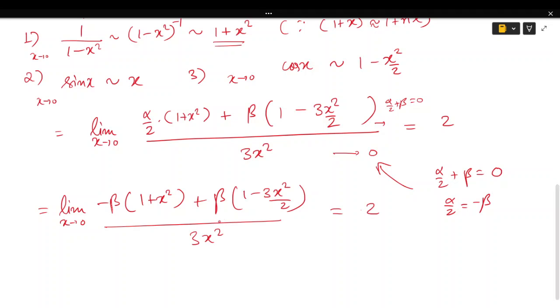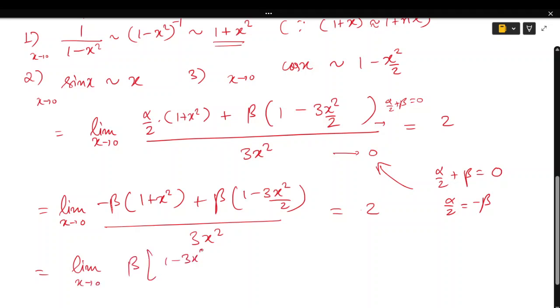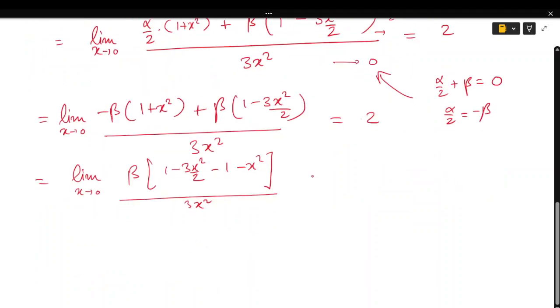Now one can take beta common. If we take beta common, we get 1 minus 3x square by 2 minus 1 minus x square, right? In the denominator, we have 3x square. Now, if you observe, this 1 gets cancelled out.